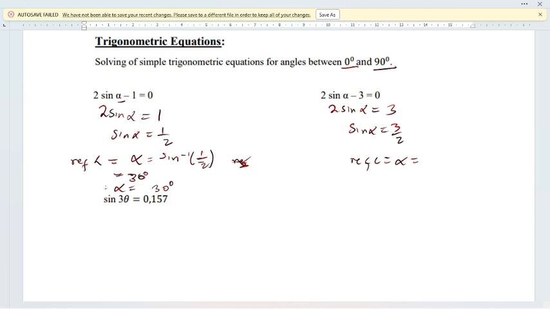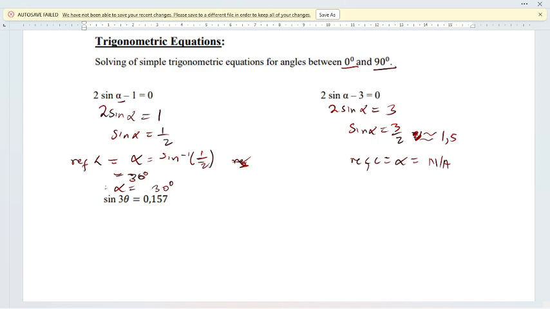Good. Now, what is this number in terms of decimals? 3 over 2 is 1,5. What do we get as the reference angle? No solution. Now we come to the conclusion that the maximum of sine is always 1. The maximum number you can substitute when getting the angle is always 1.